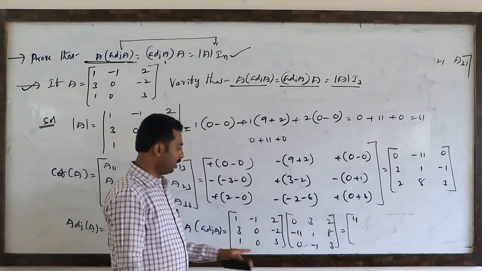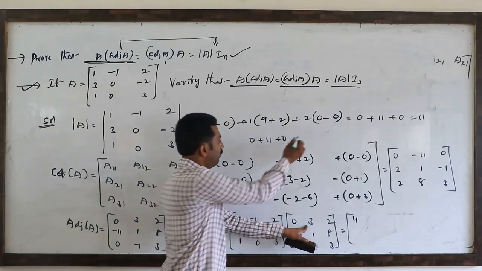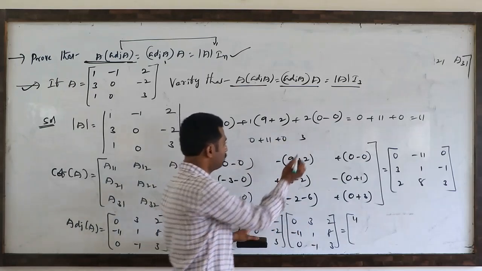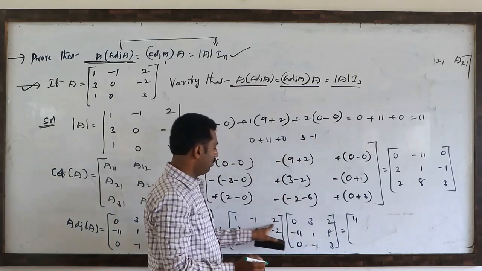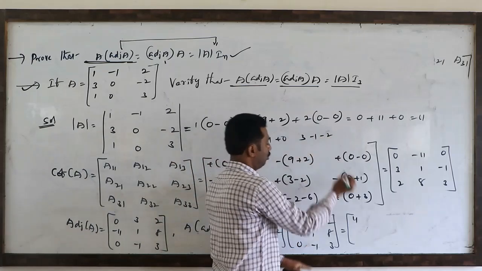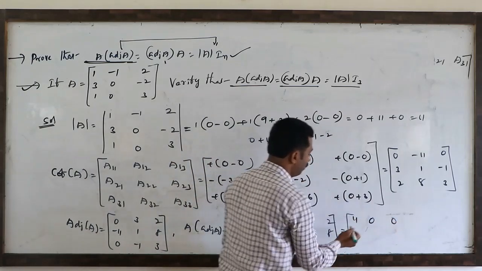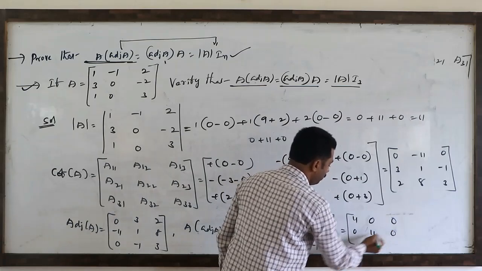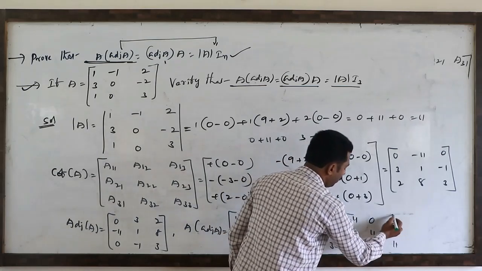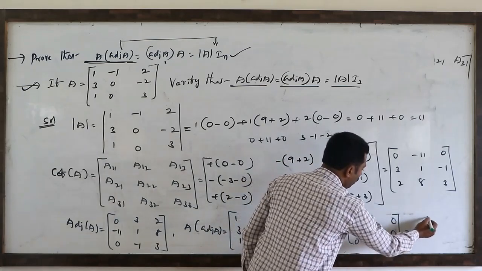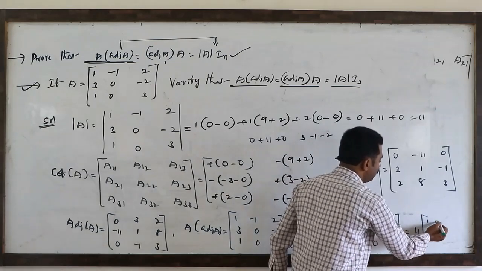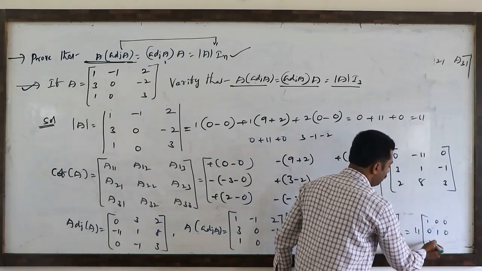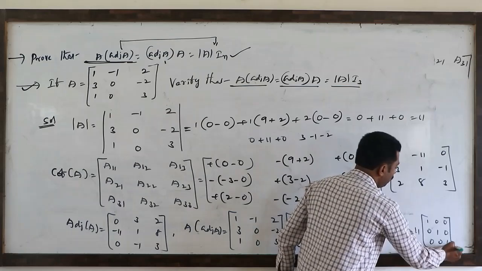First row, second column: see, 3 minus 1 minus 2. So this is 0, this is 0, 0, 11, 0, 0, 11. So if I take 11 common, we get 1, 0, 0, 0, 1, 0, 0, 0, 1.